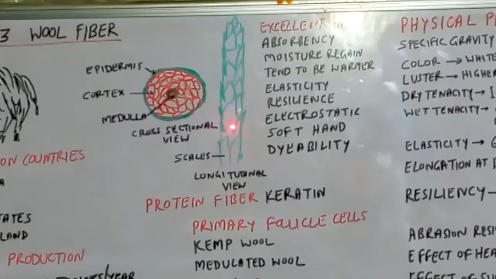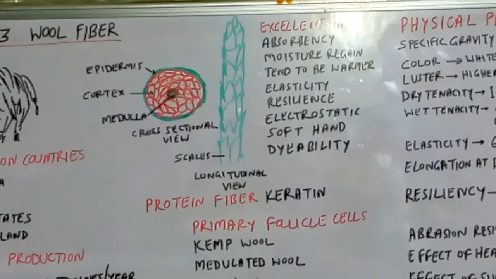So these scales form the wool fiber. This makes the fiber seem coarser and rough in nature.